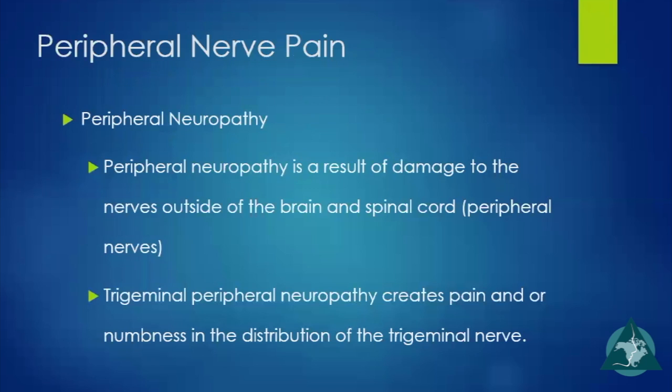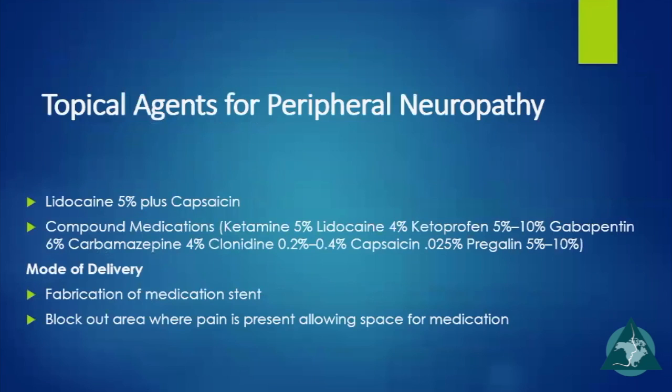Coming to peripheral neuropathy. Peripheral neuropathy is a result of damage to the nerves outside the brain and the spinal cord. Trigeminal peripheral neuropathy creates pain and/or numbness in the distribution of the trigeminal nerve.